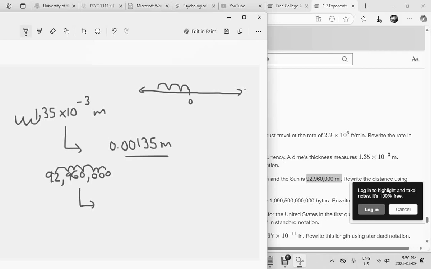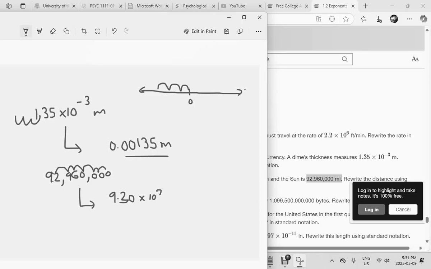The decimal will be between 9 and 2, so this will be 9.2. And if you want to count up to 3 sig figs, this will be 9.30, times 10 raised to, that's 1, 2, 3, 4, 5, 6, and 7 decimal places, right? So 7.